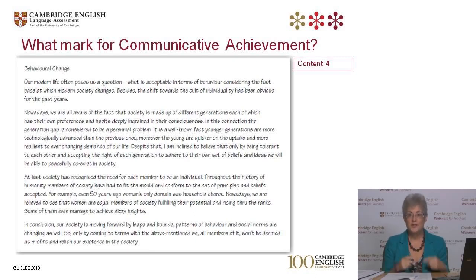If you look at your descriptor for communicative achievement, pick out some of the keywords. They use the conventions of the essay with sufficient flexibility to communicate complex ideas in an effective way. He or she holds the reader's attention with ease and fulfills all the communicative purposes as they're set out in the task.